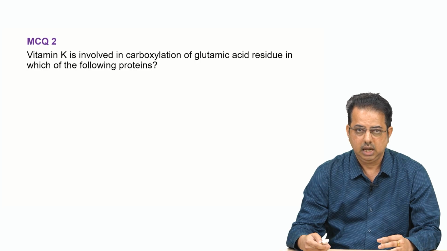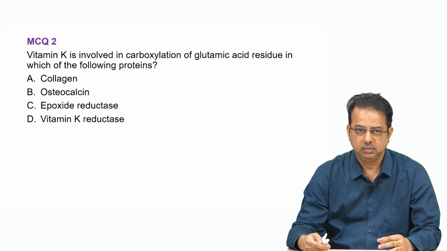Here is the second MCQ. Vitamin K is involved in carboxylation of glutamic acid residue in which of the following proteins? Options are A. Collagen, B. Osteocalcin, C. Epoxide reductase, D. Vitamin K reductase. As we know, vitamin K is involved in carboxylation of glutamic acid residue mainly in two proteins.